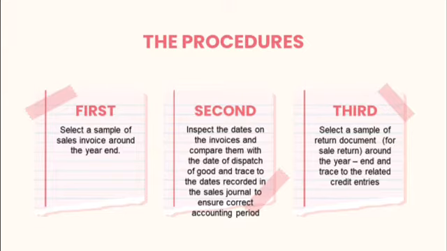Secondly, inspect the dates on the invoices and compare them with the dates of dispatch of goods and trace to the dates recorded in the sales journal and accounting records to ensure the correct accounting period entries. Thirdly, select a sample of written documents for sales returns around the year end and trace to the related credit entries.